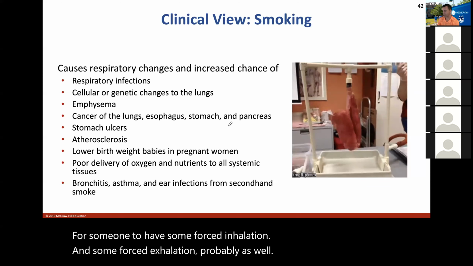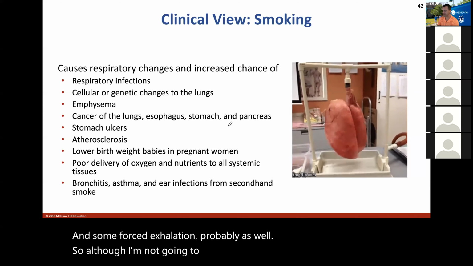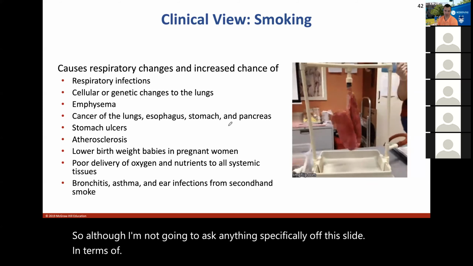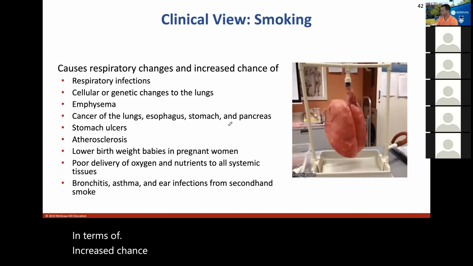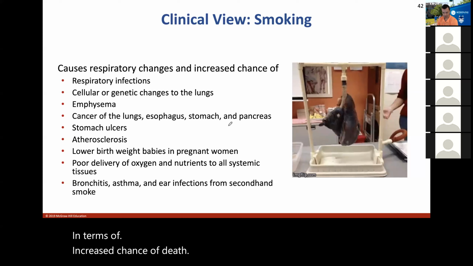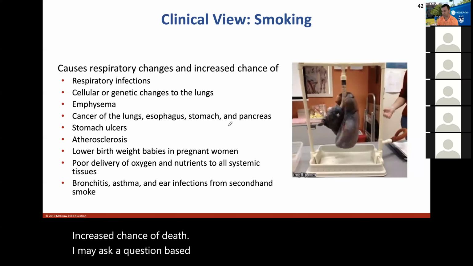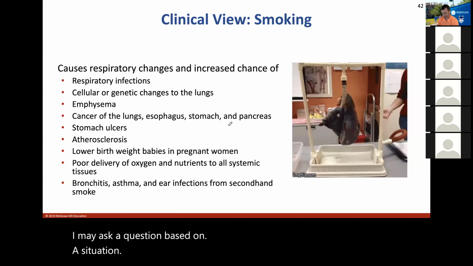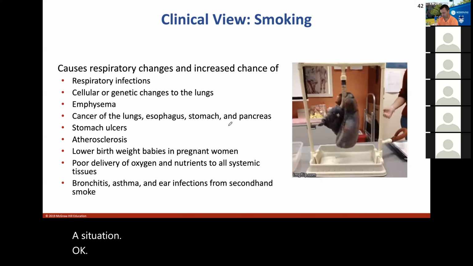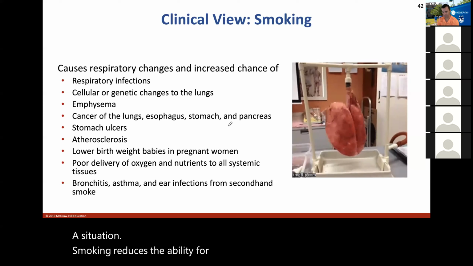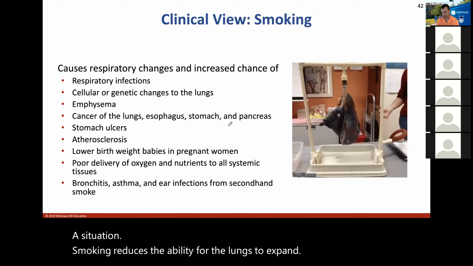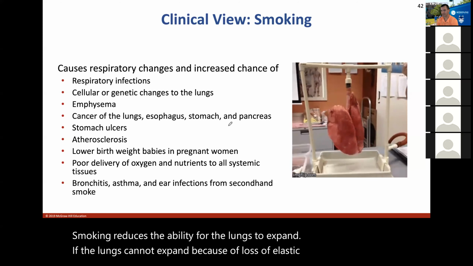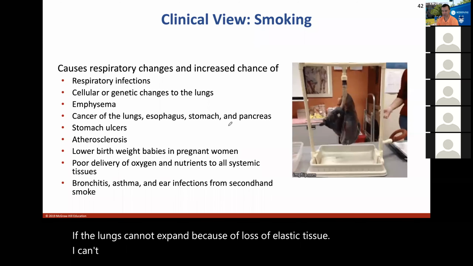So although I'm not going to ask anything specifically off this slide in terms of increased chance of death, I may ask a question based on a situation. Okay. Smoking reduces the ability for the lungs to expand. If the lungs cannot expand because of loss of elastic tissue, I can't get as much oxygen in.